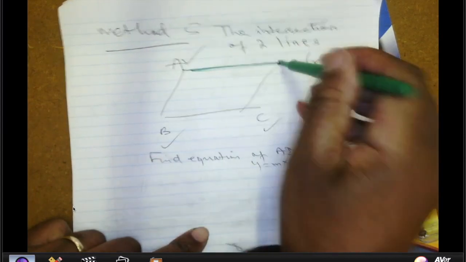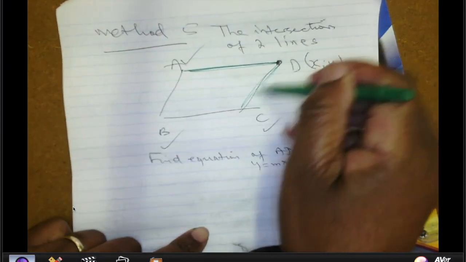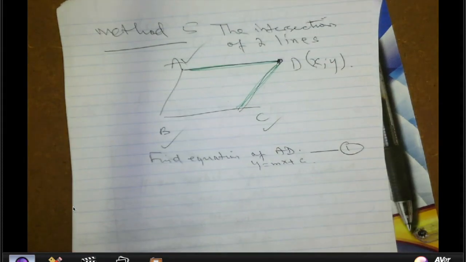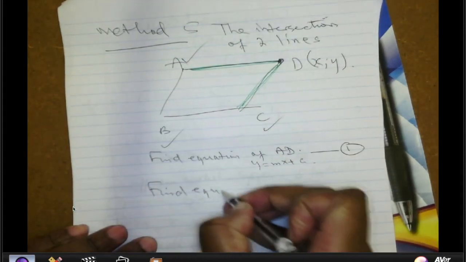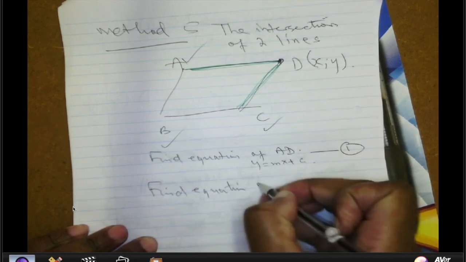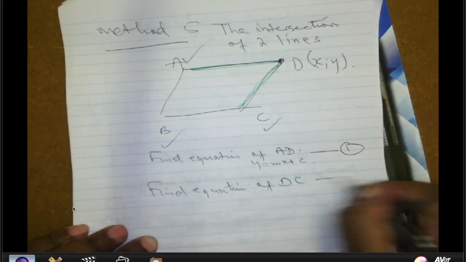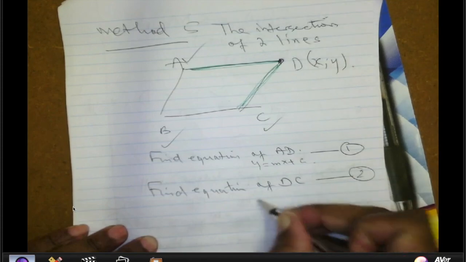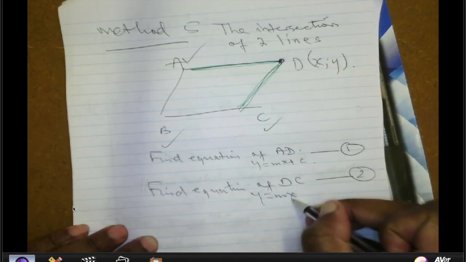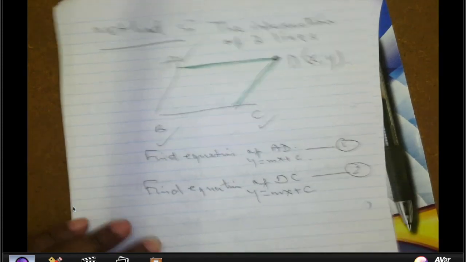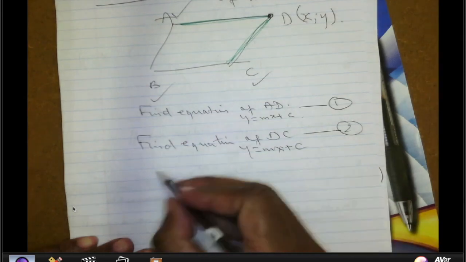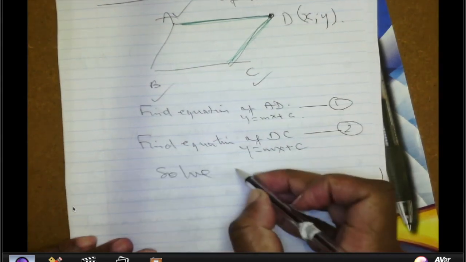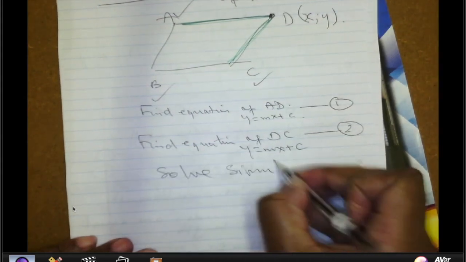We now need to find the equation of DC. So do that. Find the equation of DC. Also, you can do that in the form y equals mx plus c. And so that will be your second equation. And all you need to do now is to solve those two equations simultaneously.